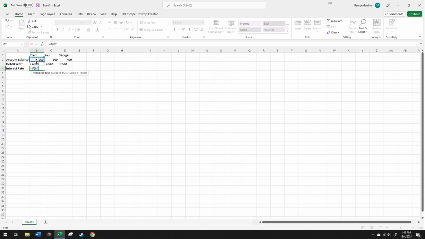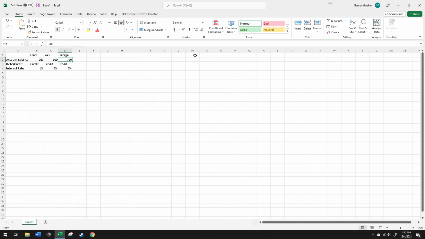If this is more than 500, then the interest rate is going to be 2%. Otherwise, it's 1%. And you can see it seems to be working. And we can make these percentages, of course. So Paul's getting a 2% rate, whereas George and Fred are not. And if George had more money, it's working.